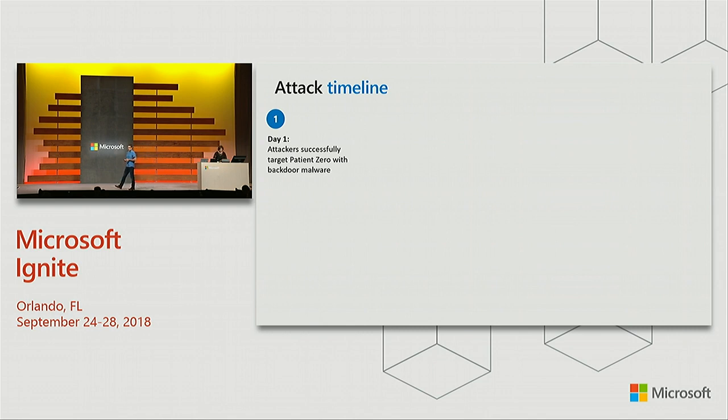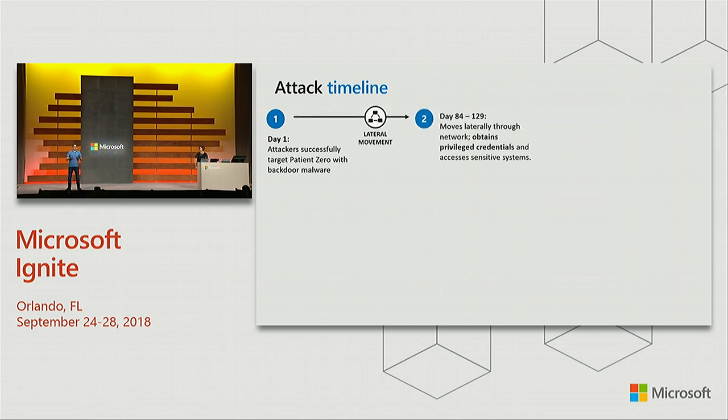Let's understand what happened. So day number 1. This is the day where a specific computer, a specific user inside the network has been compromised. We tend to believe that this compromised computer was coming because of a phishing email, and this was starting on day 1. We can see that the attacker was running inside his computer for 3 and 4 additional months, starting to move laterally within the network.